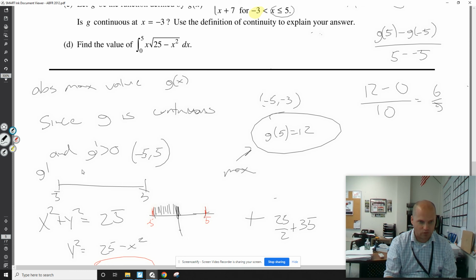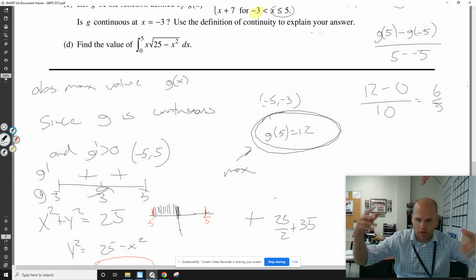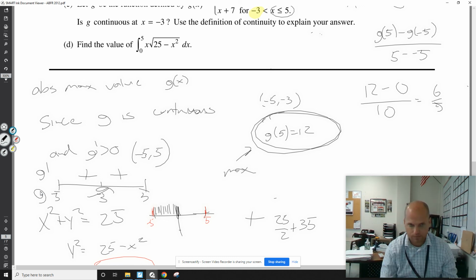I know g prime is positive, and since it's positive and we're continuous, I know that's got to be the max because g has got to be increasing the entire time. This is the whole idea of when we do not have to worry about when derivatives equal zero. If we know the signs are consistent, we can just talk about the endpoint.